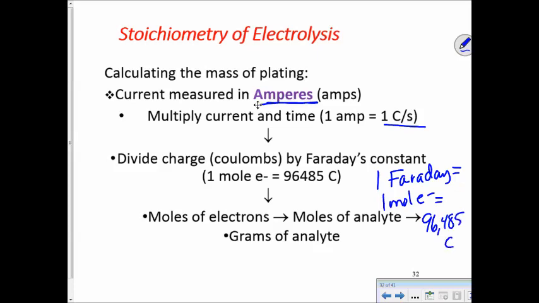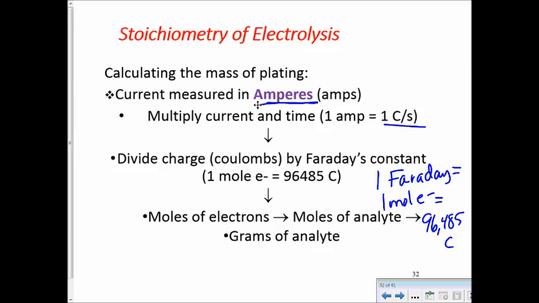So you might see the word Faraday listed as a unit, but if it's this many Faradays, it's this many moles of electrons, or times the coulombs, you could get the coulomb amount too if you wanted to use that. But most of the time, if you just see the word Faraday, like you've got 1.2 Faradays, they're saying you've got 1.2 moles of electrons. That's on your checklist. I just wanted you to understand that wording. So if you see the word Faraday, it's really referring to the moles of electrons.